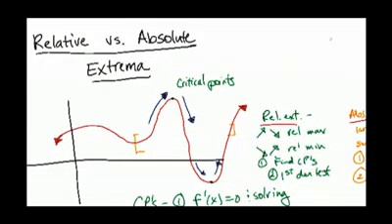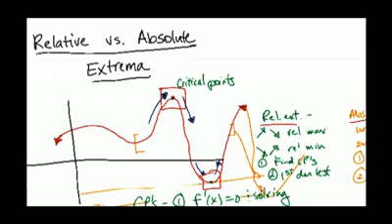So make sure you check out the example video for both absolute and relative extrema. In this case, your absolute max would be this critical point, and your absolute min would be this critical point. So it just happened to be both relative mins. This function could have instead gone lower, and this endpoint could have moved over here somewhere, and then that endpoint would have been your minimum because it's lower than this y value here.